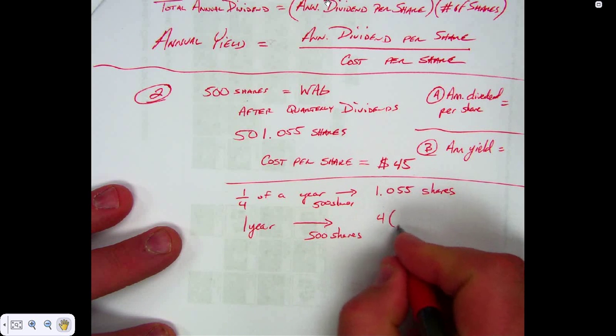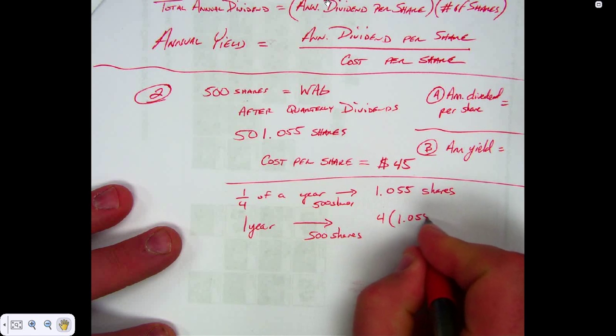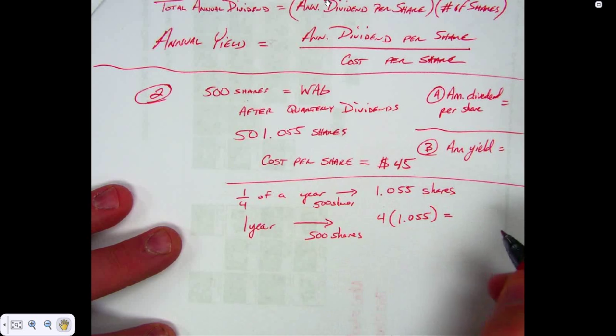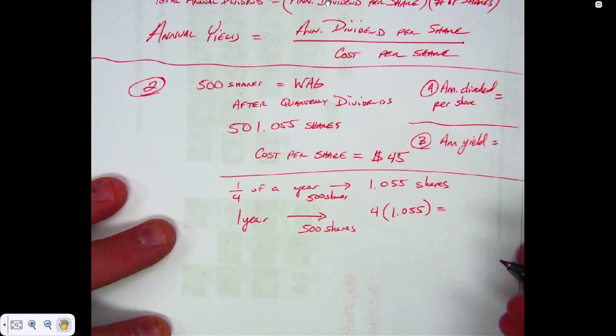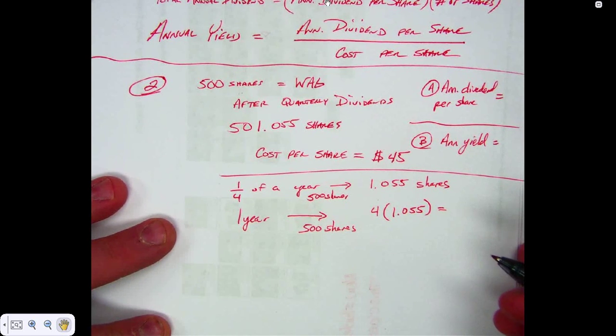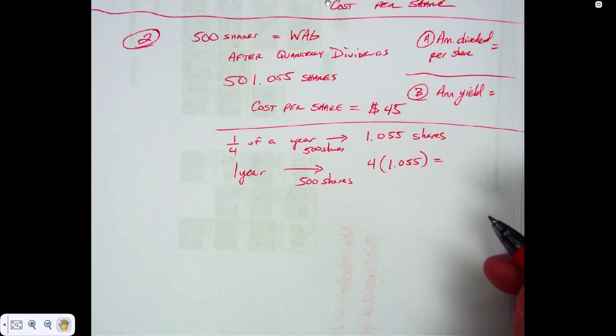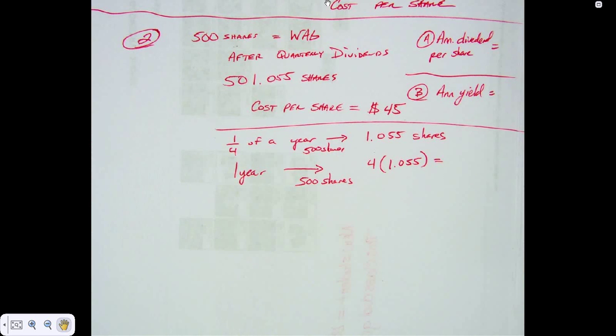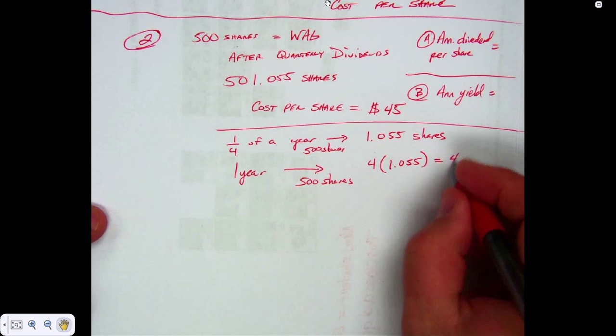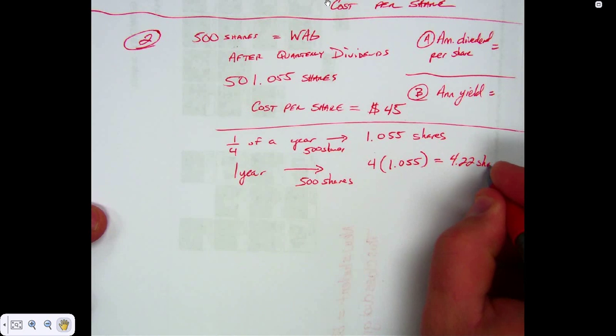You would take that and multiply it by 4. 4 times 1.055. You would have 4.22 shares.